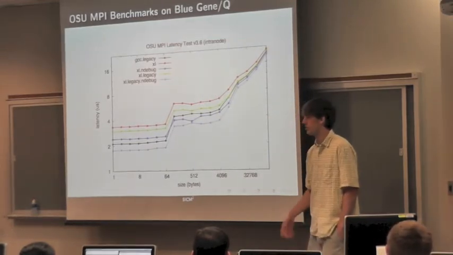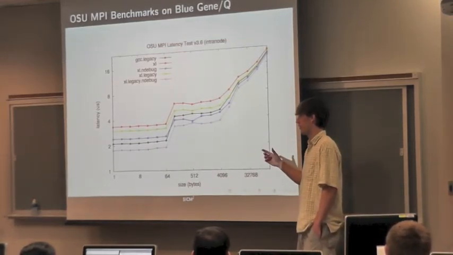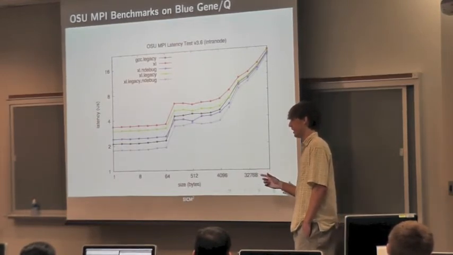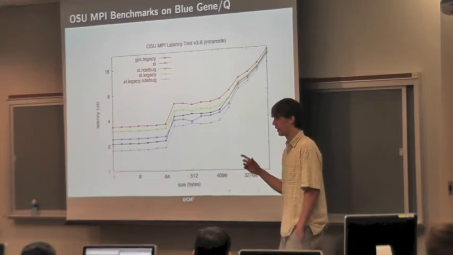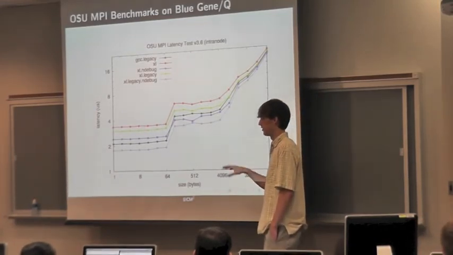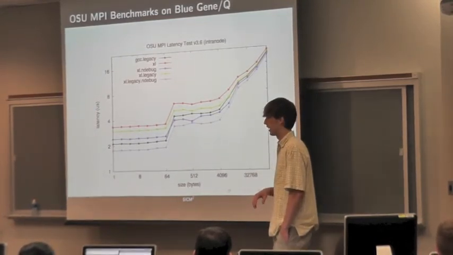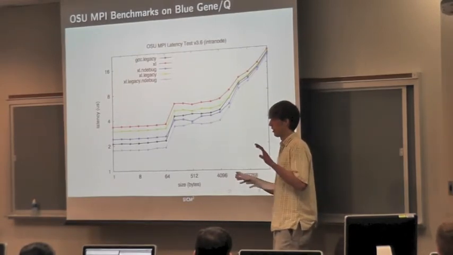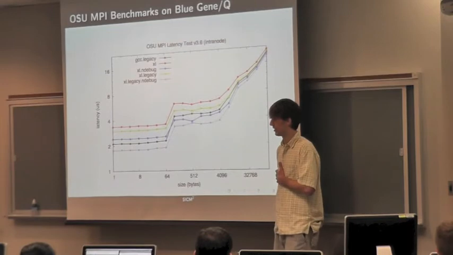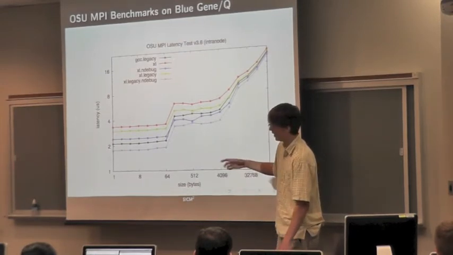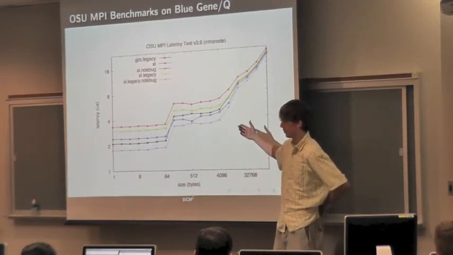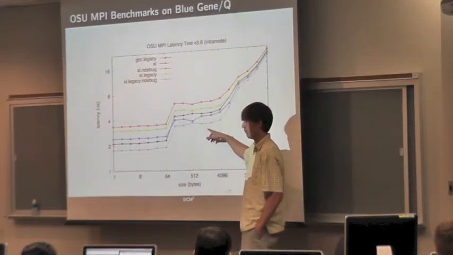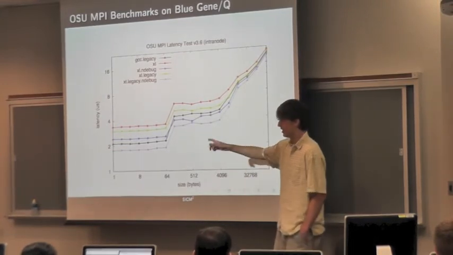Part of this is because BGQ runs at half the clock speed, like 1.6 gigahertz, and has a really high-end network embedded on the silicon, and it's really balanced. You can push data across the network, in this case, basically faster than you can within a node. This is one reason why we want everybody on BGQ to use threads, because load store doesn't have this problem, but doing shared memory message passing does.